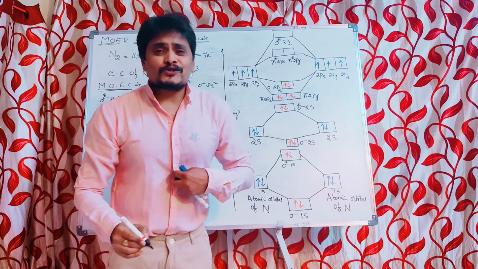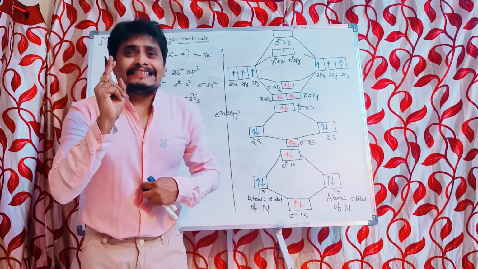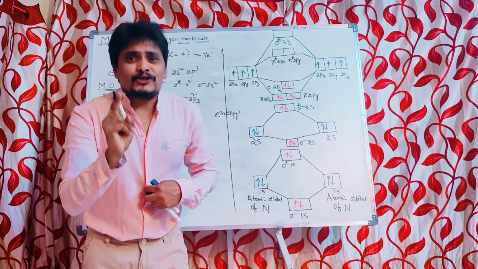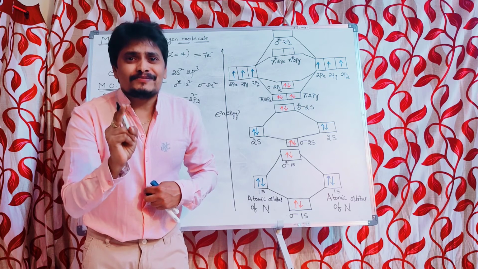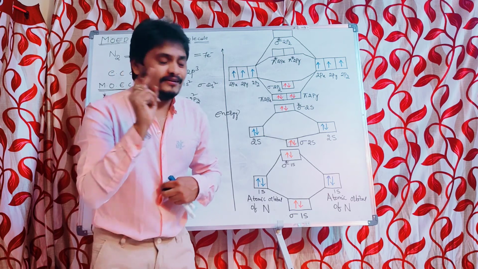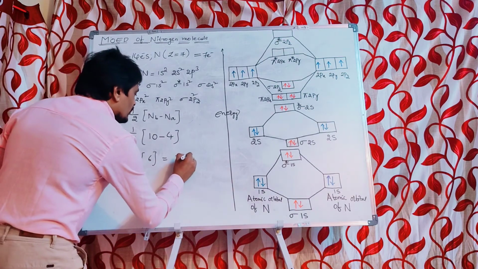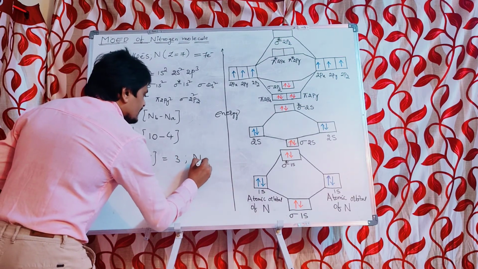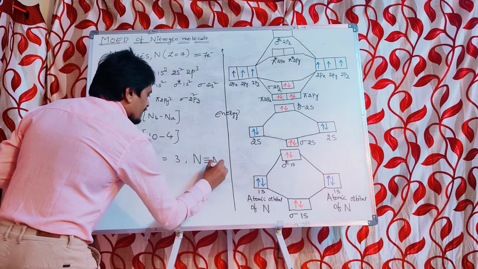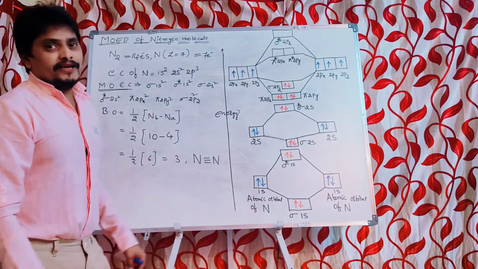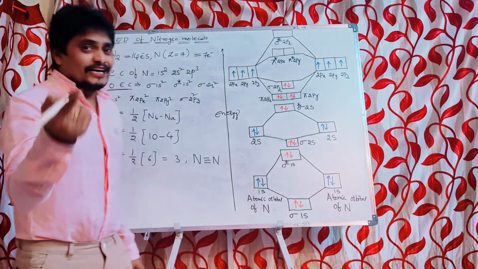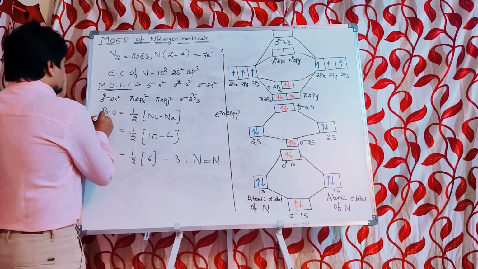Bond order equal to 3 means there are three bonds between the two adjacent nitrogen atoms in the nitrogen molecule. So accordingly, the structure of the nitrogen molecule is N triple bond N. So we got the second piece of information, that is bond order.